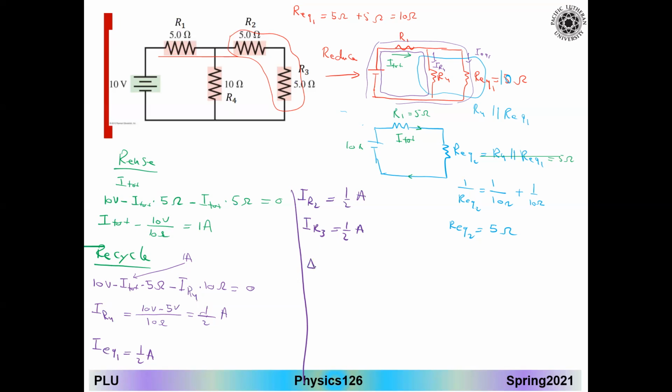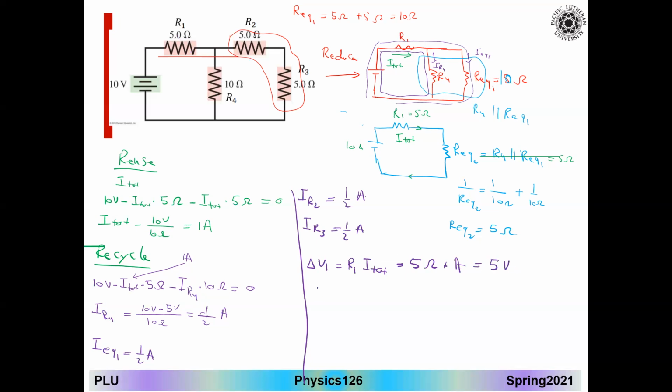So delta V1, Ohm's law, it's gonna be R1 times I total, or I1. Where is the I1? It should be I equal I total. So here is the 5 ohms times 1 amp. So it should be 5 volt.